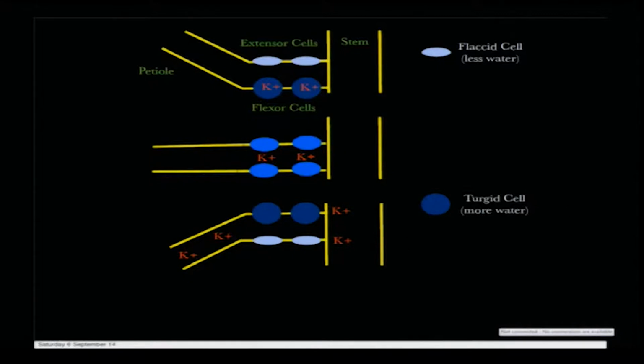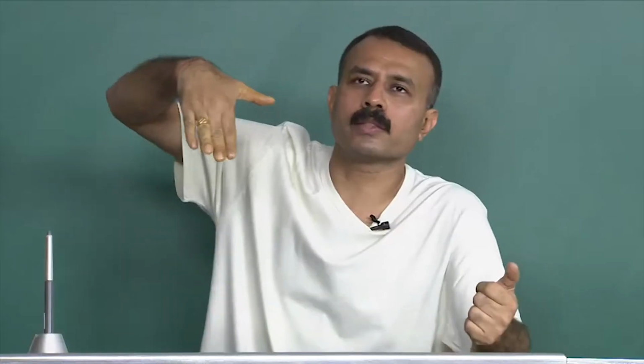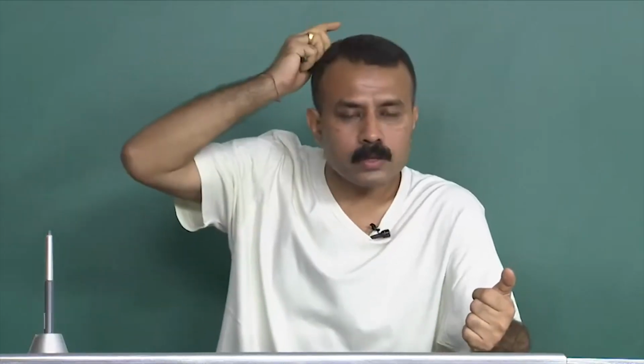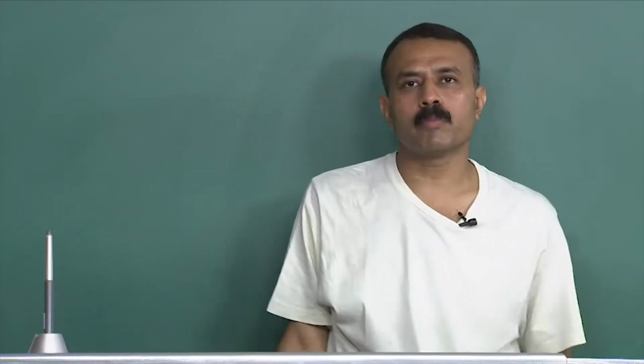Along with potassium, you are allowing a lot of water to enter, and that makes the cell extremely turgid. Once the cell becomes turgid, it just droops down like this. Okay. So, this is the overall understanding of the mechanism of what happens in the case of the touch-me-not plant.